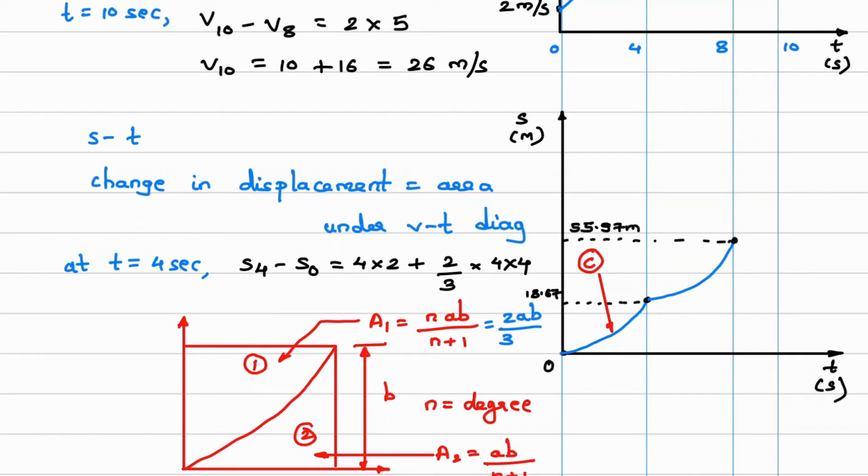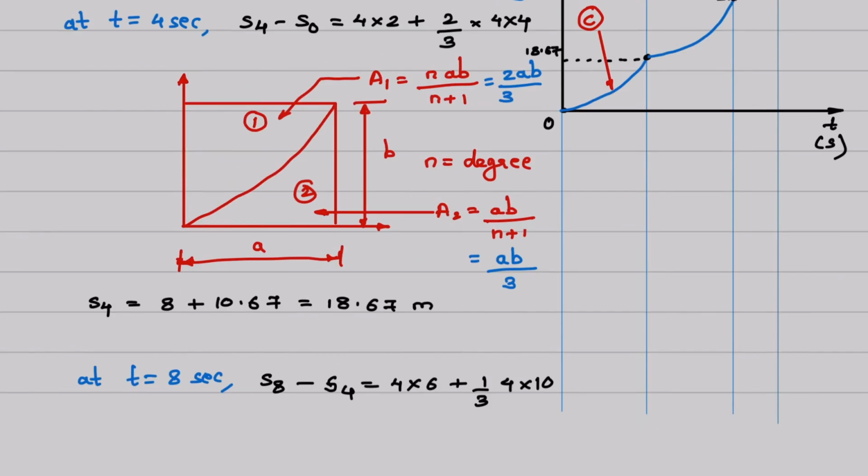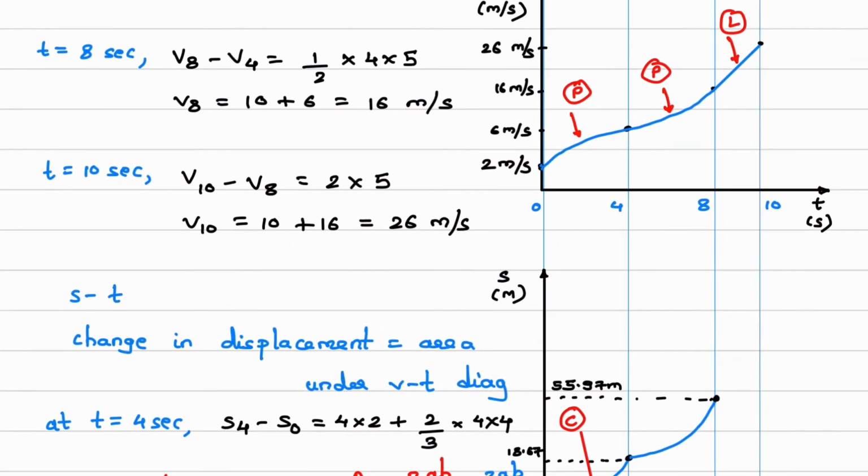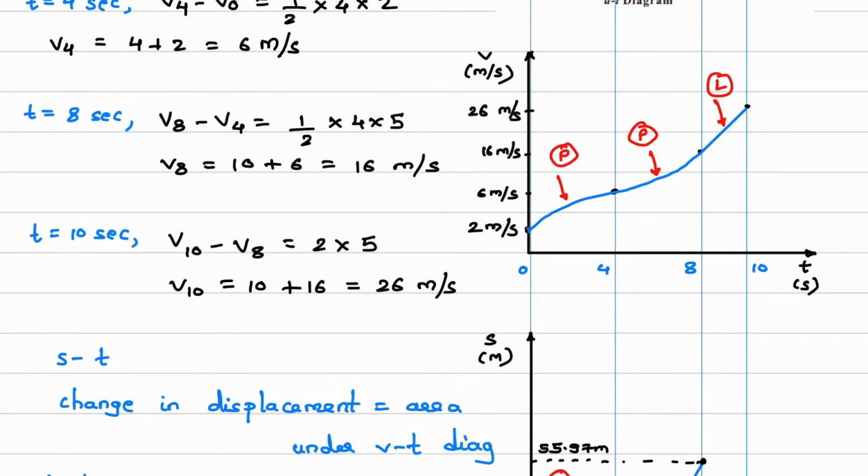Okay, now the last point, it is for 10 seconds. At t equal to 10 seconds, what can we write? We'll see the VT diagram. The change in displacement, S10 minus S8, is equal to the area under the VT diagram.